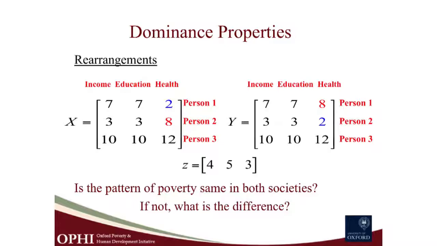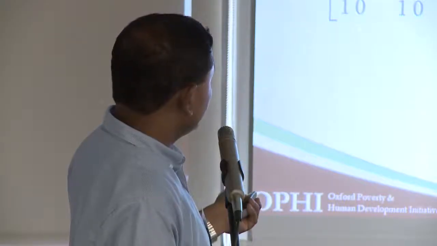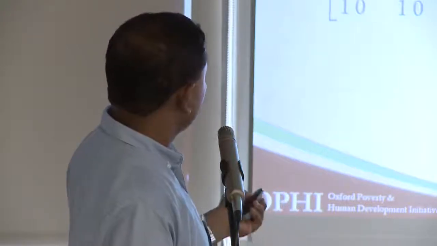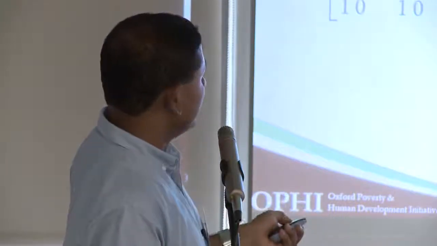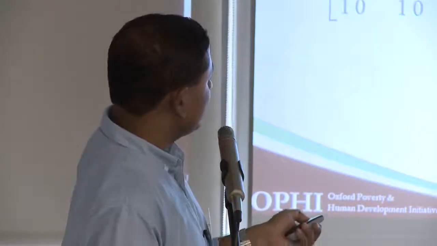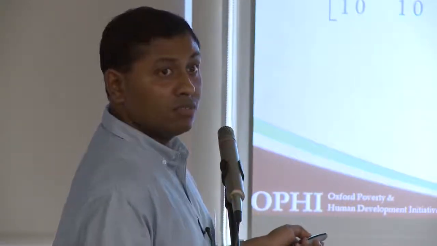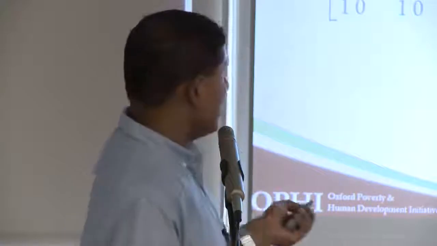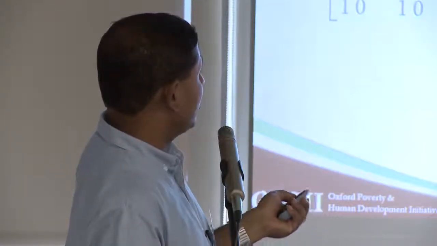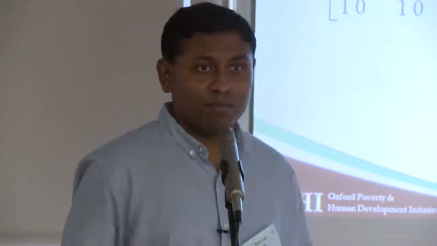Let's look at the dimensions separately. Look at this dimension, look at this dimension. Any change? No. Look at this dimension and this dimension. Any change? No. Look at these dimensions and these dimensions separately. Any change? Yes. If you look separately, by symmetry, if you use the symmetry property and just compare this one and this one, that's the same.